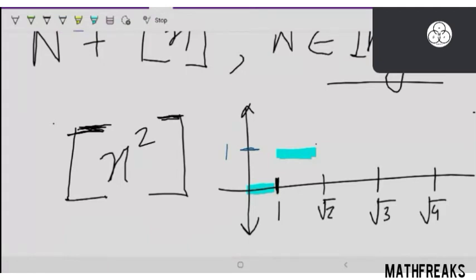At this point, remember, the graph is discontinuous. Similarly, for root 2 to root 3, the value will be 2. At this point, the graph will be discontinuous. In such a way, draw the graph. For the other side also, this will be vice versa, because x square is always positive.